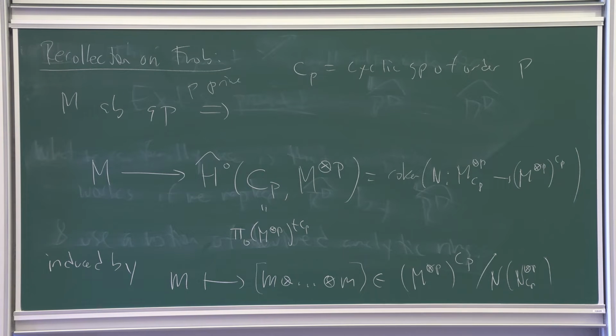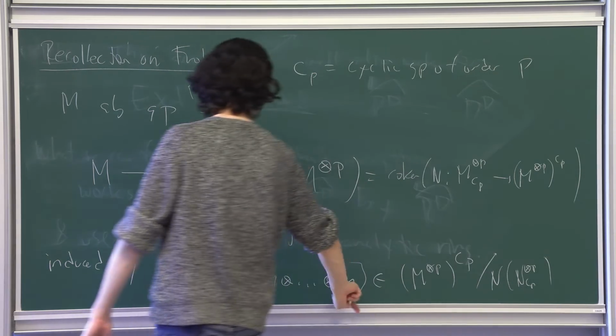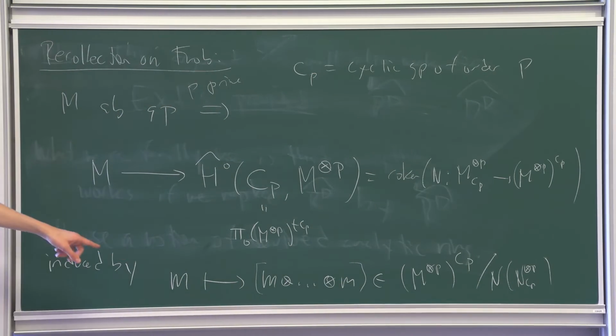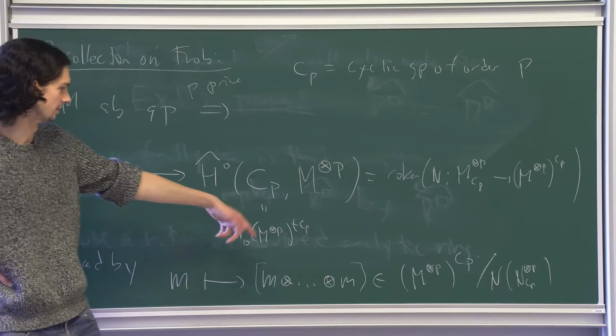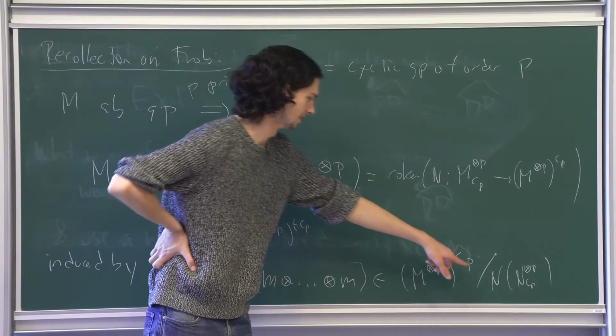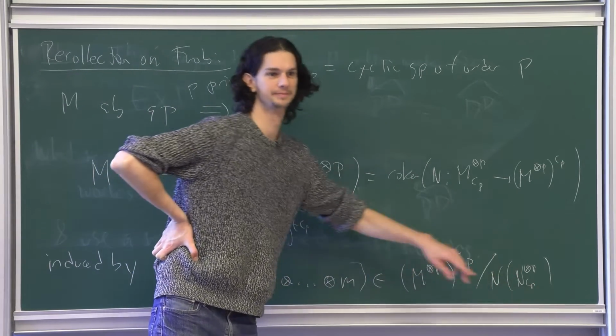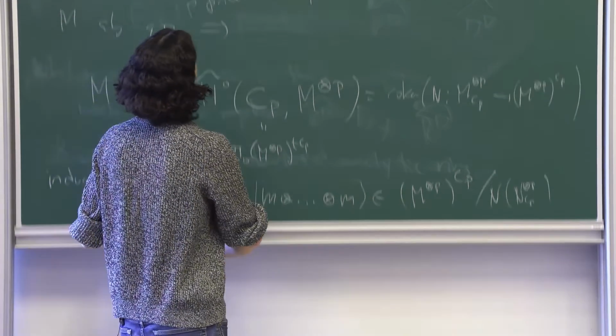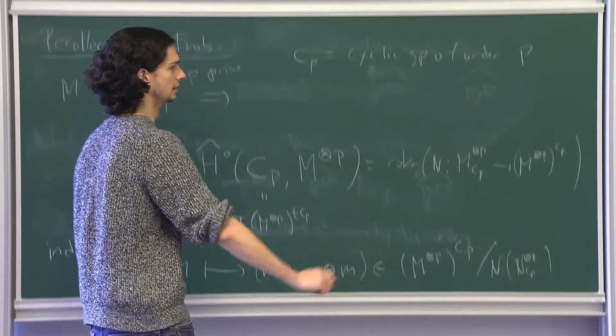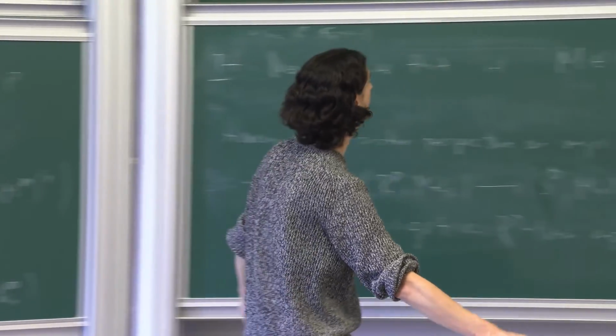Okay? And the point is that, of course, this expression by itself is not additive, but if you look at where m plus n goes, you'll have a bunch of cross terms, and you'll be able to recognize that each of those cross terms is a norm from M tensor P. So it's a nice exercise if you've never done it.